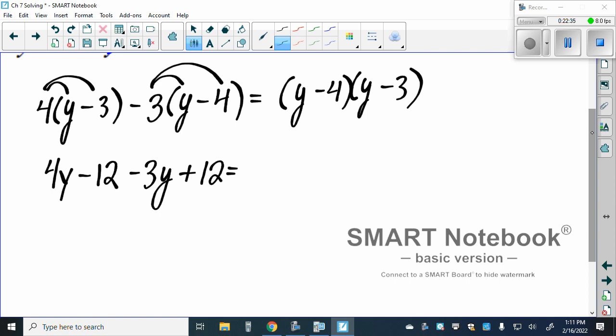And on the other side, we can go on and use our distributive property, which would tell us that we have y squared minus 3y minus 4y plus 12. Any questions on any of this here so far?